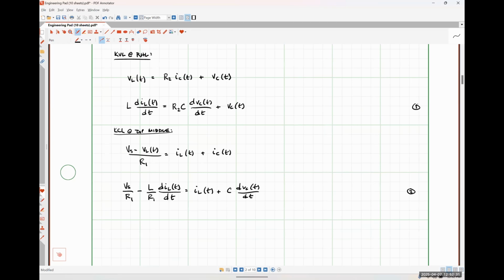So let's look here at the one I have labeled as equation one, and let's manipulate it. I think it's going to be the easier one to do. So actually, maybe not.